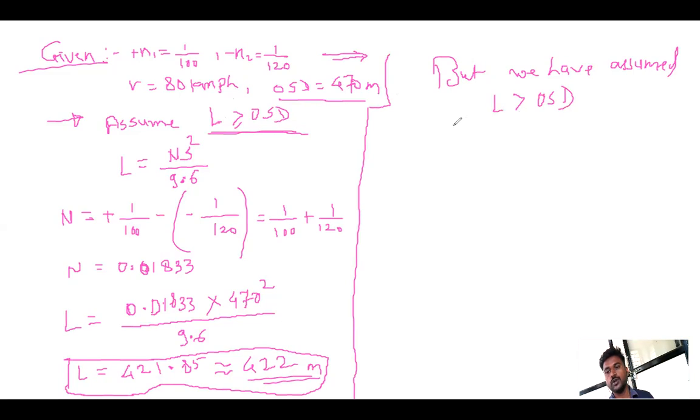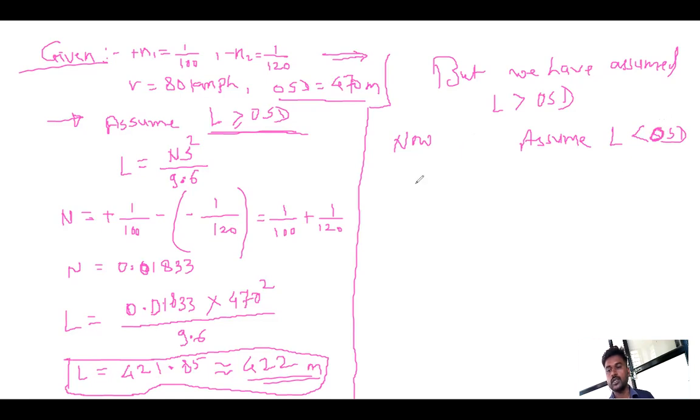We have assumed wrong. Now I will assume that length of curve is less than OSD, as the length of curve is 422 and it is less than OSD. So we will go with the second assumption, that length of curve is less than OSD, as we are dealing with the OSD.